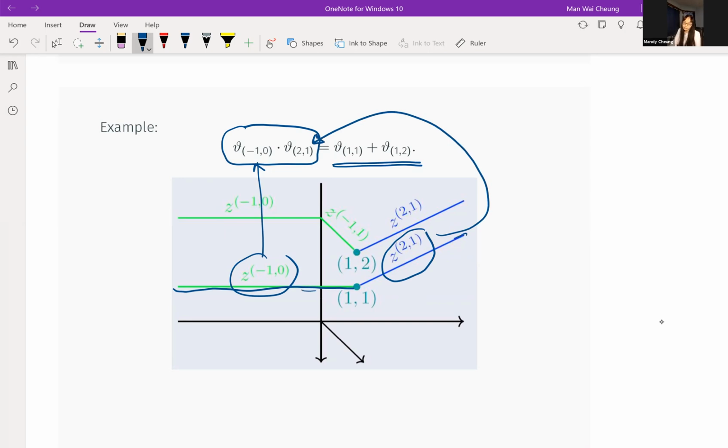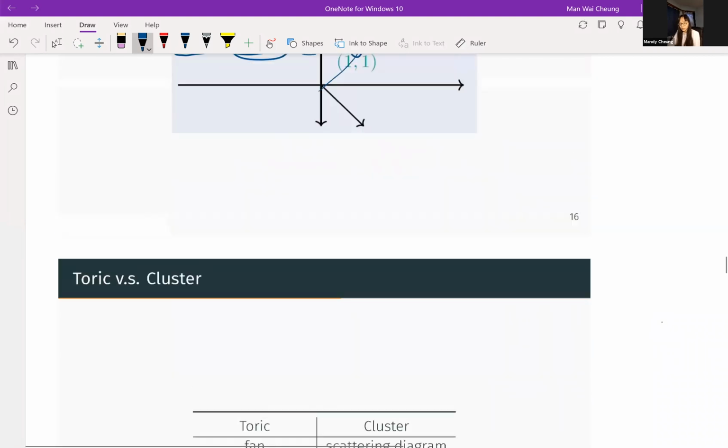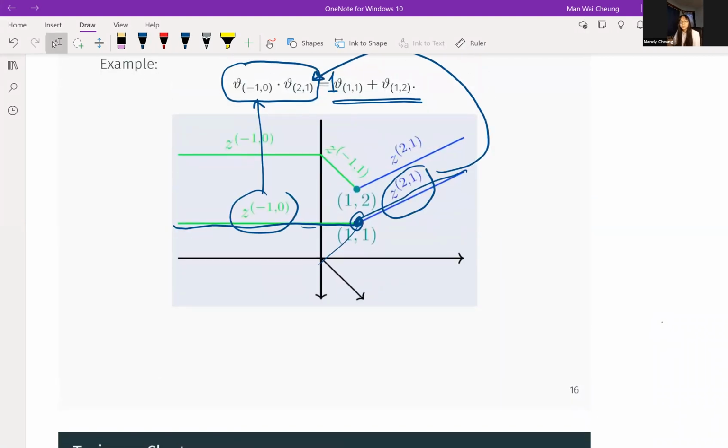And then we can arrive at this endpoint, satisfying this balancing condition. So you can see here, that's why I have this coefficient 1 here. And so here, what we have is we can express the multiplication structure of theta functions in terms of broken lines.